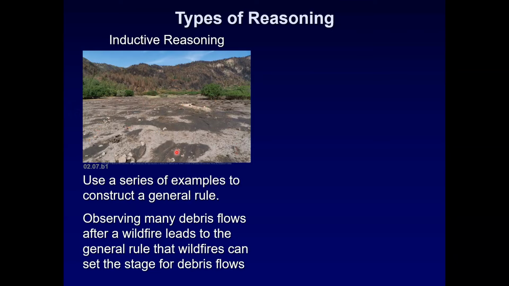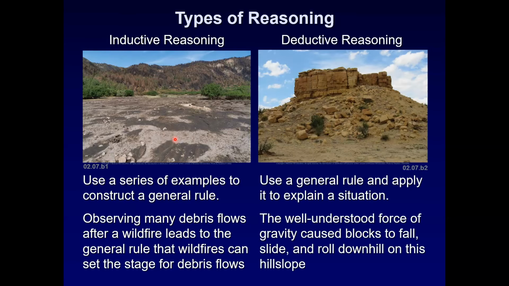The general rule might be that wildfires set the stage for debris flows because there's a removal of vegetation and a huge amount of erosion with the presence of water that results in these debris flows. So you have a wildfire, you can induce that you are at risk for debris flows.